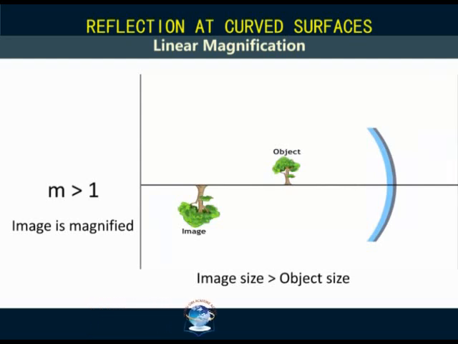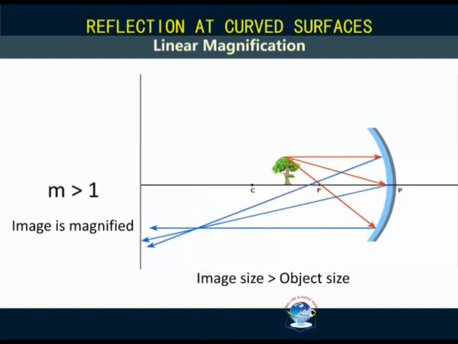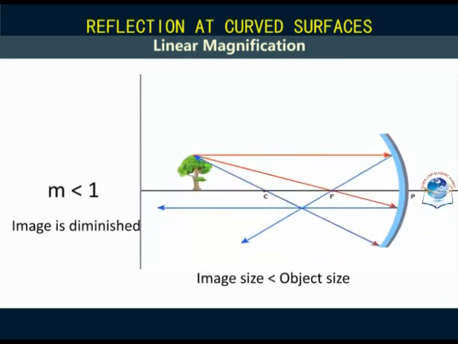For example, the image of an object placed between C and F of a concave mirror. Magnification is greater than 1 and the image is said to be magnified. Conversely, magnification is less than 1 when the image size is less than the object size. For example, when an object is placed beyond point C of a concave mirror, the image is said to be diminished.